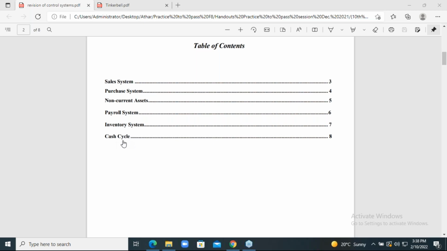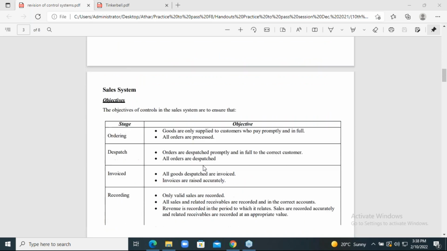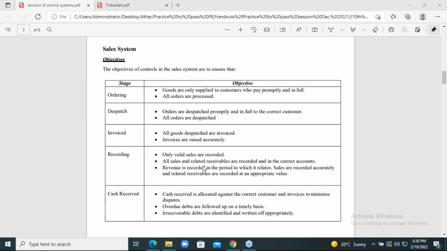So the examiner is mixing different cycles, and you need good extensive practice to get good marks in that area.